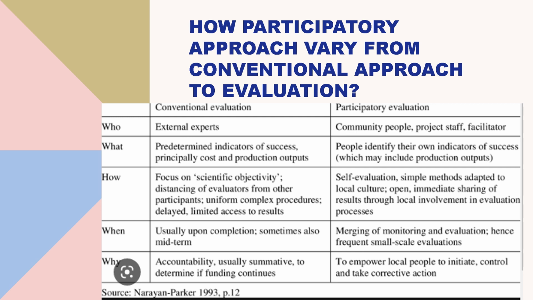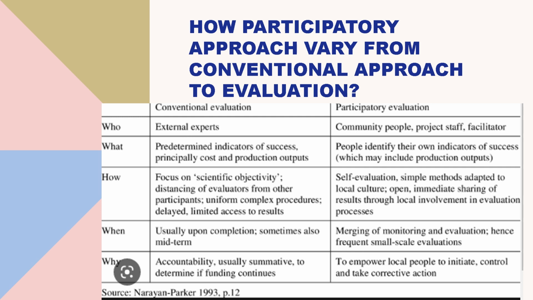So for conventional, we have focus on scientific objectivity, distancing of evaluators from other participants, uniform complex procedures, delayed limited access to results. However, in participatory evaluation, we have self-evaluation, simple methods adapted to local culture, open immediate sharing of results through local involvement in evaluation processes.